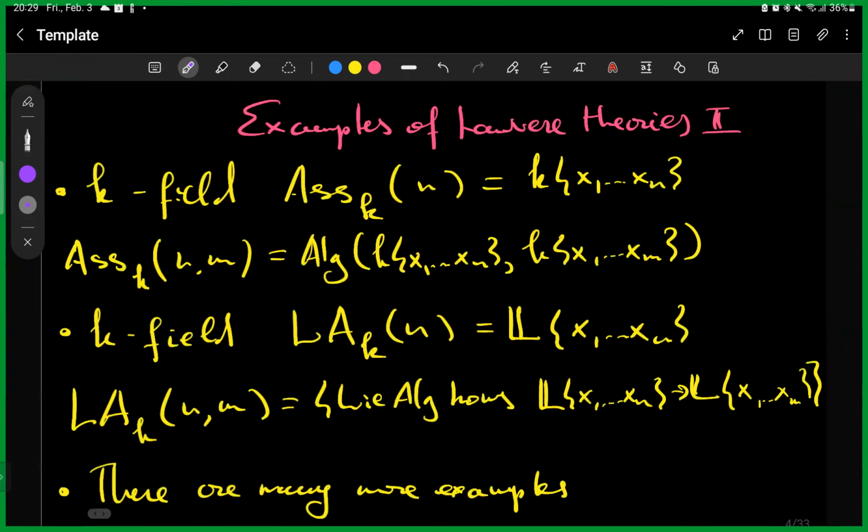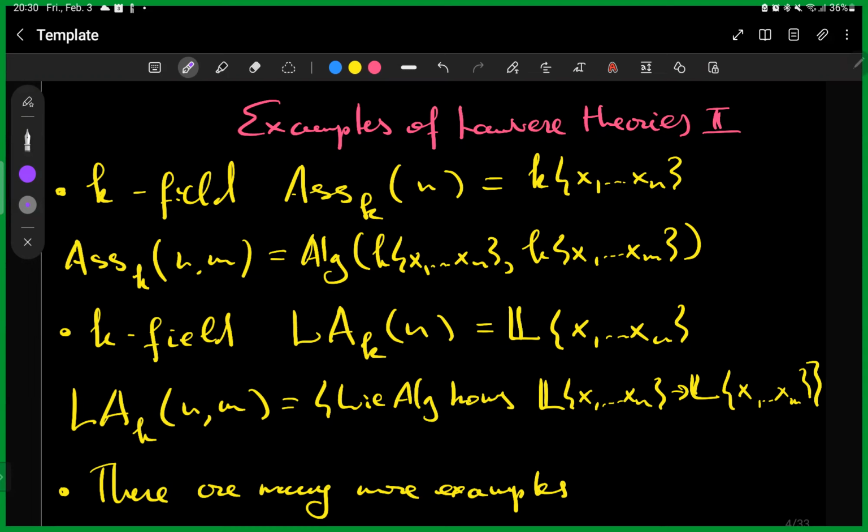So some maybe less trivial examples consist of associative algebras, Lie algebras, and some other examples that we won't cover today, but there are plenty. So for associative algebras, we just consider the free associative algebra generated by n elements as an object indexed by the number n. And as morphisms, we just consider all homomorphisms of algebras between two free associative algebras.